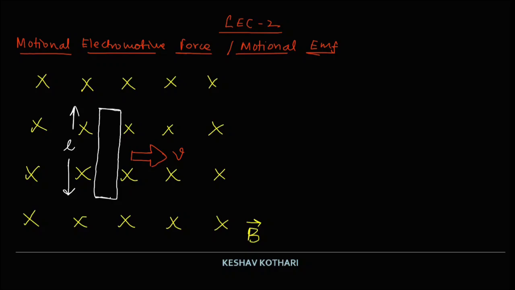Because when the conductor is moving in a magnetic field, the charges inside the conductor will experience a force given by F vector is equal to q v cross B.